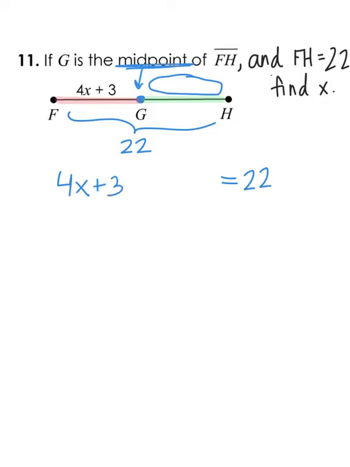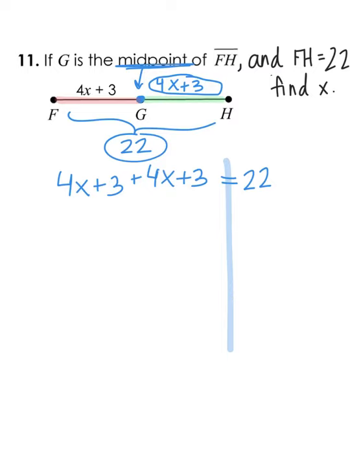And since they're congruent, why not just write that this side is also 4x plus 3? Because they're the same. So 4x plus 3, and I'm going to add 4x plus 3 again, because I'm going to add the red line and the green line to give me a total of 22. So now I have an equation I can solve for x, and I'm going to draw my line.